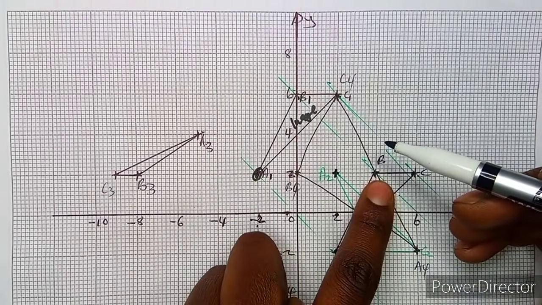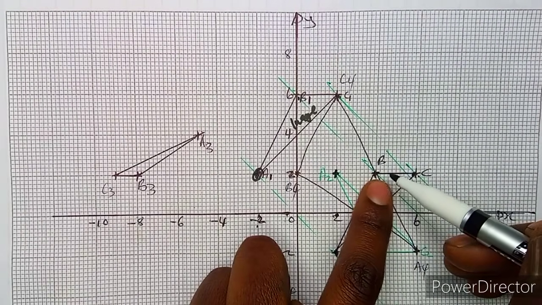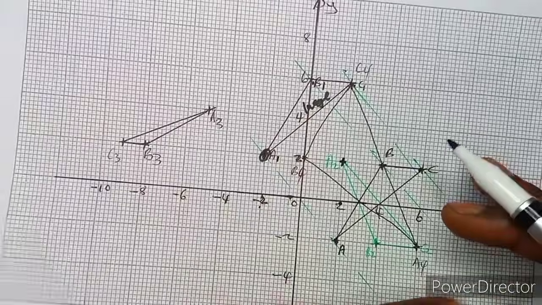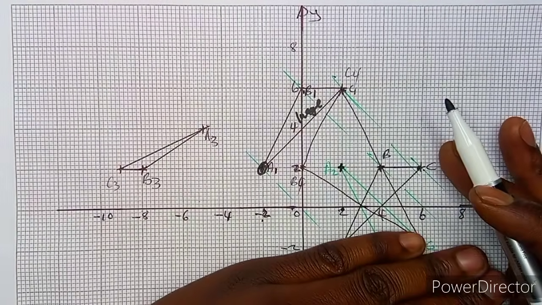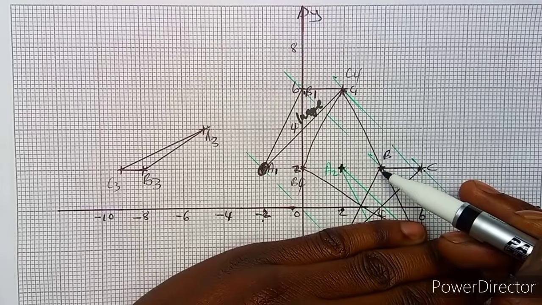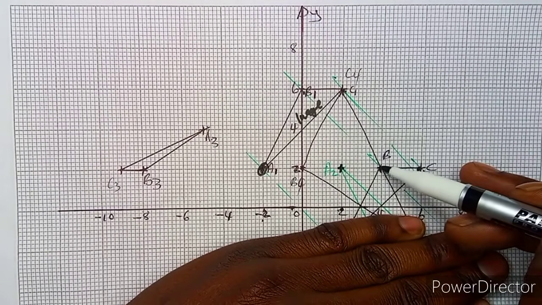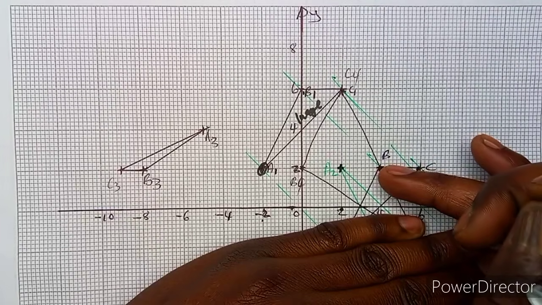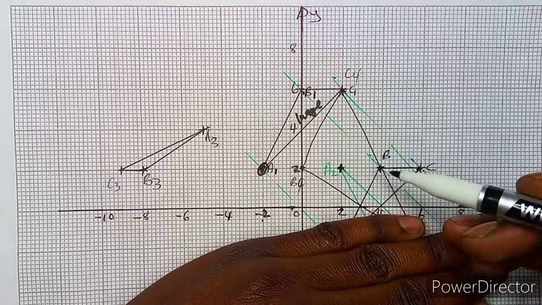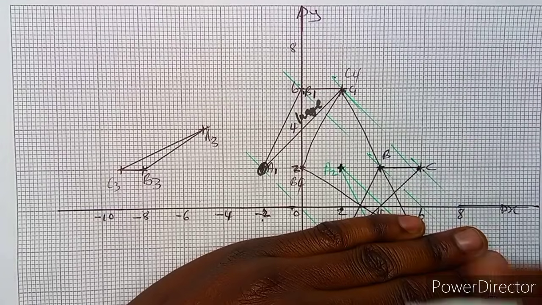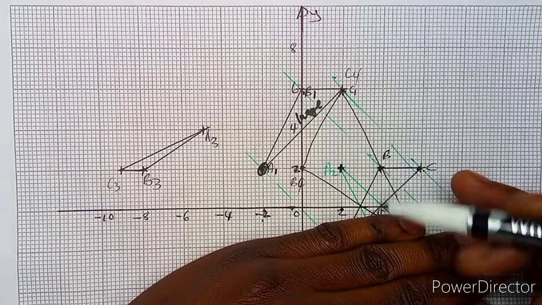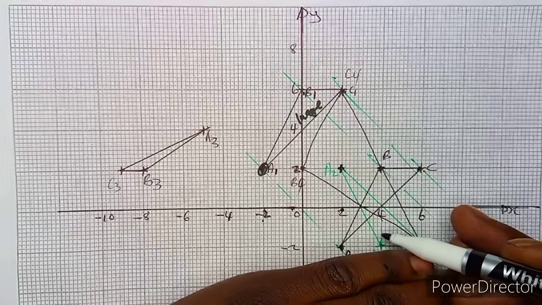You do the same with B. But as for B, guys, this is B. Remember, the x-axis is your mirror line. Your B, which is the object, is on this side of the mirror, so your B2 is going to be on the other side because it is the image, across the mirror line.